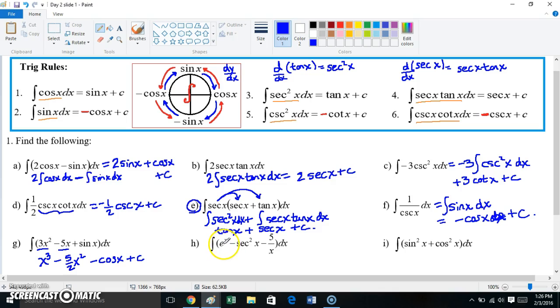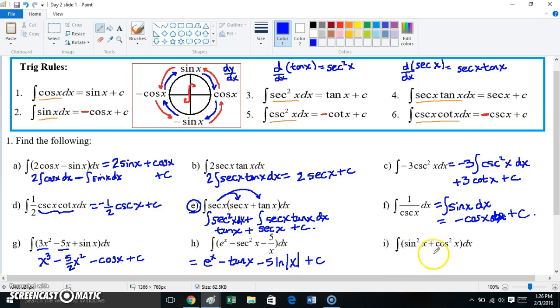All right, the integral of e to the x minus secant squared of x minus 5 over x. The integral of e to the x is e to the x. The integral of negative secant squared of x is negative tangent of x. And the integral of negative 5 over x is negative 5 natural log of the absolute value of x plus c.